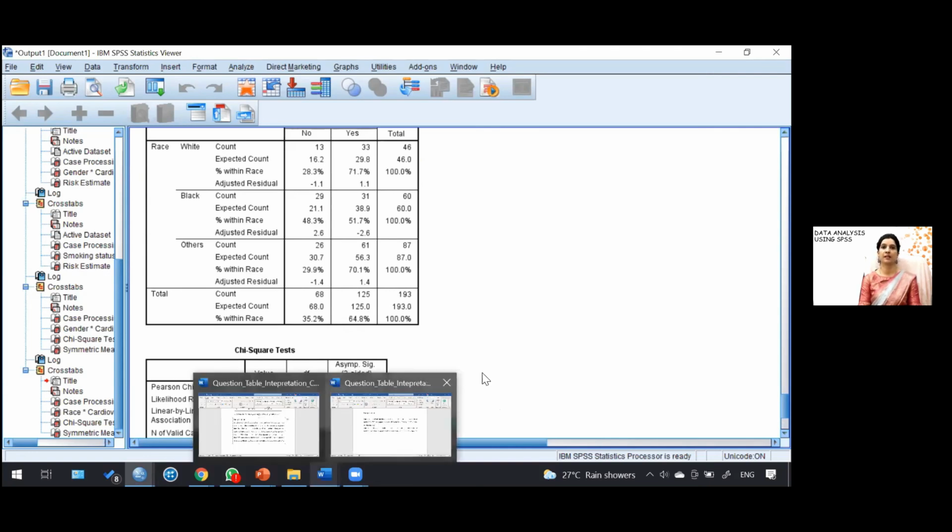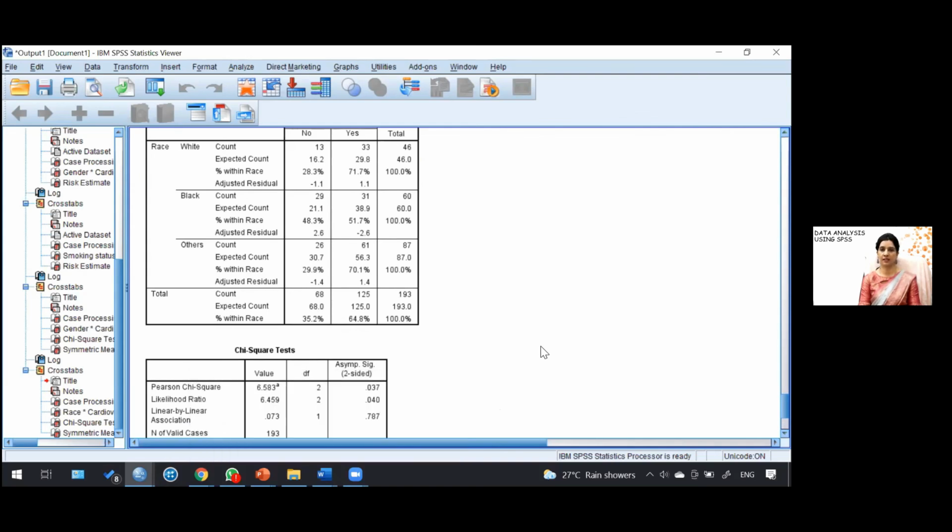But this is one example. In another example, if you apply this test on your own data set, you may have more than one cell, like here you can see two cells. The sign is not important, plus or minus. The value is important. You can have more than one cell.